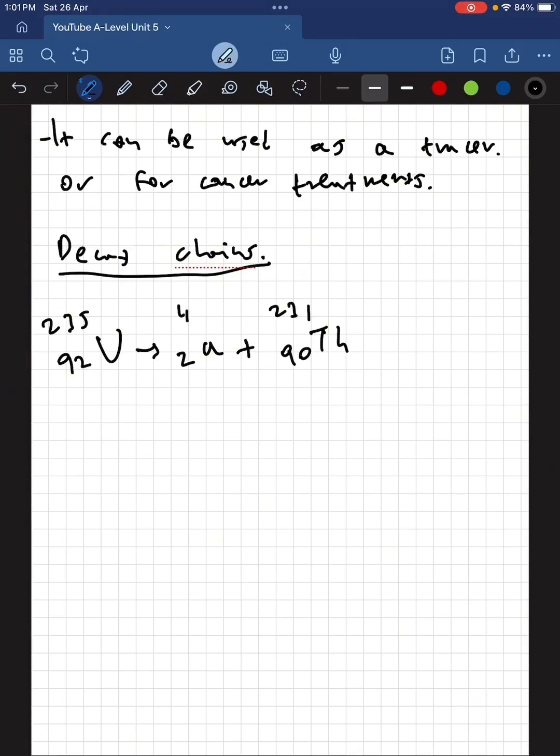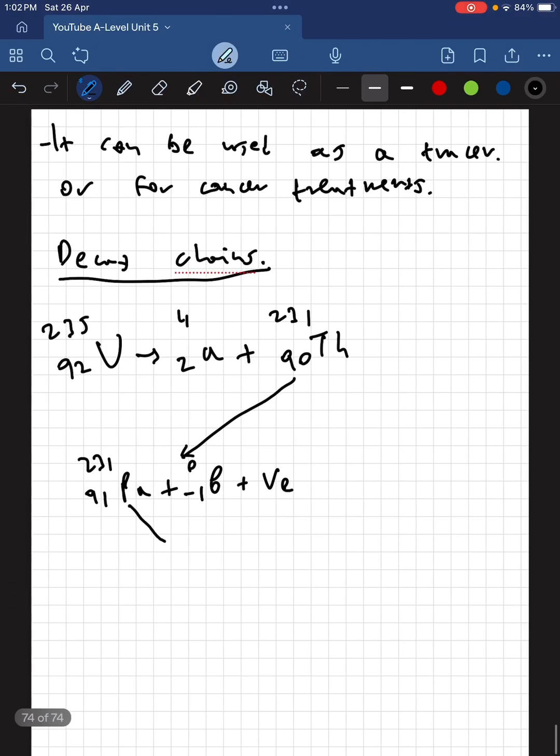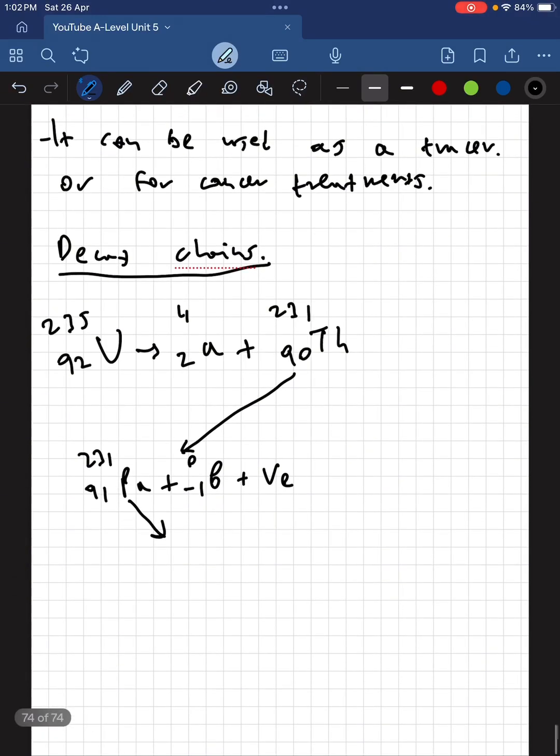But thorium is also unstable, and it also decays to protactinium-231, 91. So this is a beta decay. And then protactinium is also radioactive. It's unstable.